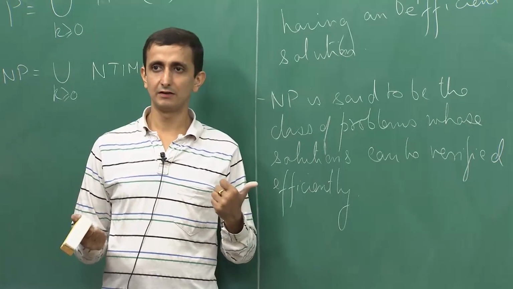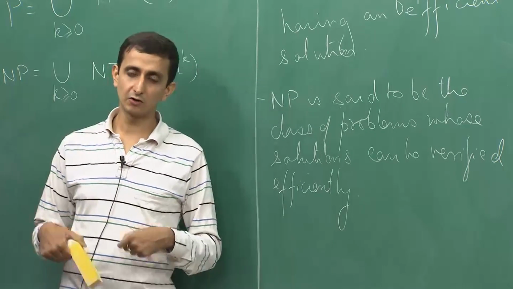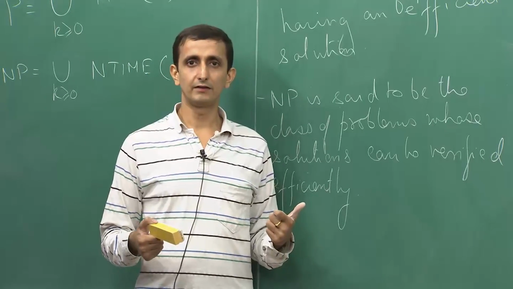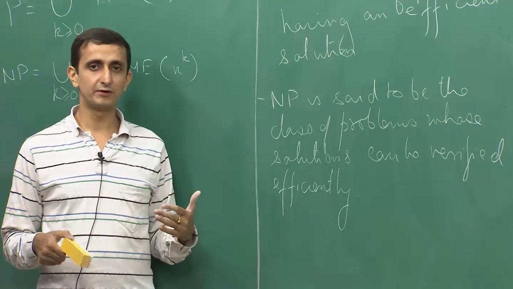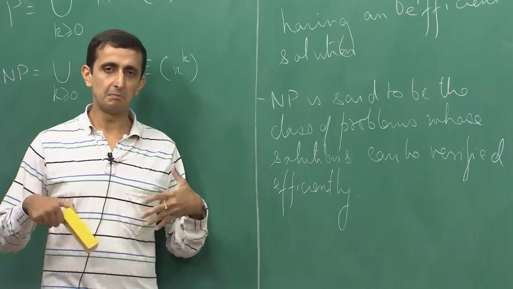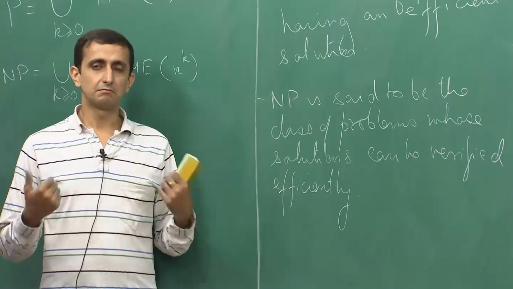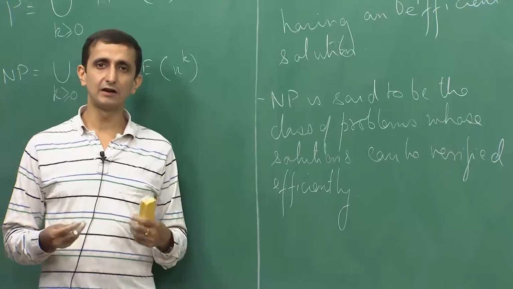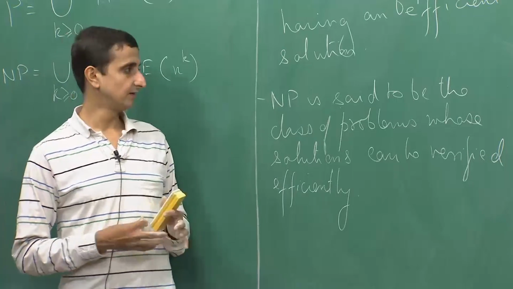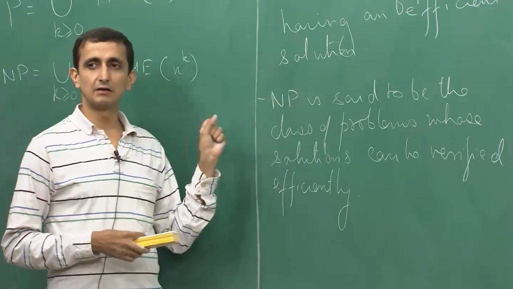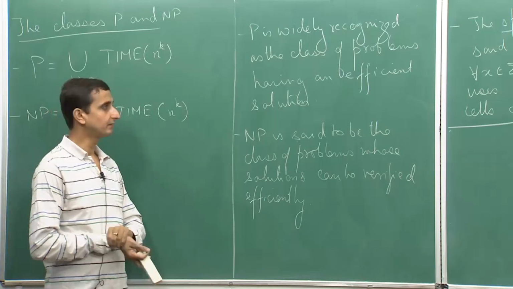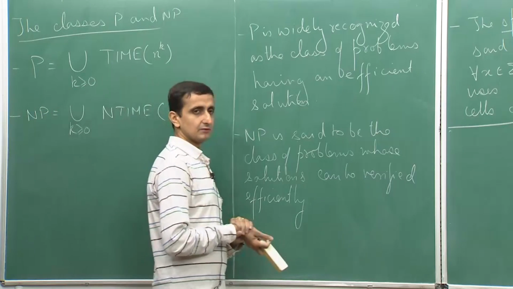That is very efficient. But if you have to come up with your own solution, that is more difficult. Okay. So, there are other such problems for which coming up with a solution is conceivably more difficult than verifying whether a solution is correct. Okay. So, that is in some sense the difference between P and the class NP.